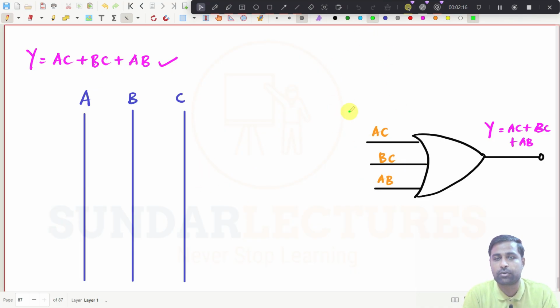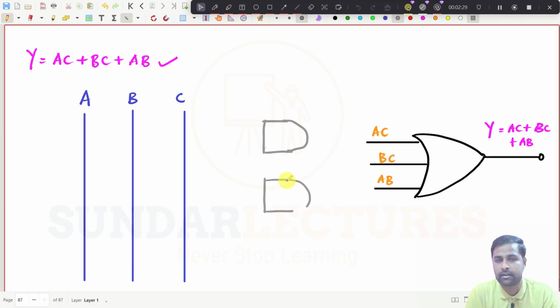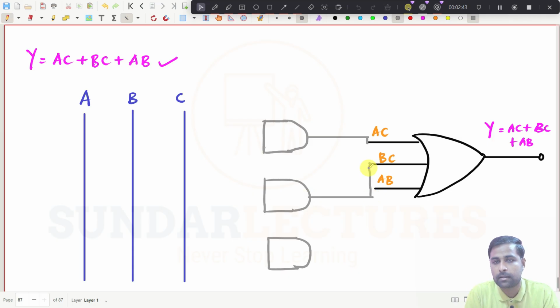And you have to draw for AC. This is very simple, right? It will be an AND gate. So I will draw here. This is an AND gate, and again an AND gate. Three AND gates should be there. So again this is an AND gate. This one can be connected like this, and this one can be connected like this.